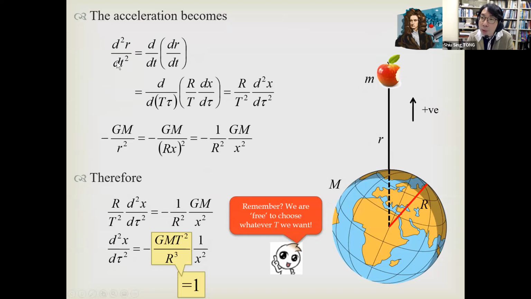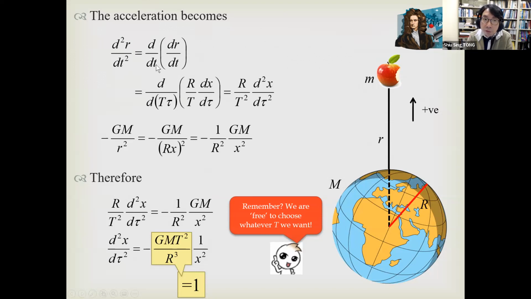Now we can also go one step further. We can express the acceleration in terms of the dimensionless quantity. The acceleration is the second derivative of r with respect to t. So it becomes d/dt of dr/dt. As we know, dr/dt is capital R over capital T times dx/dtau.